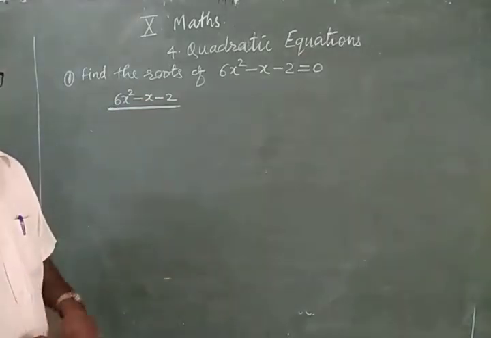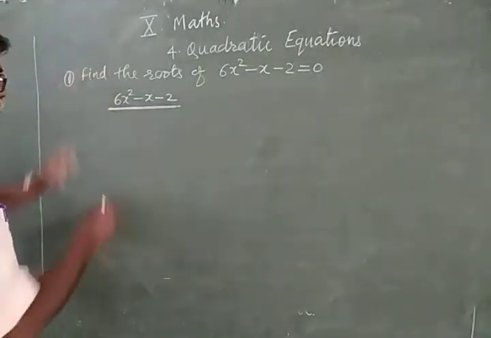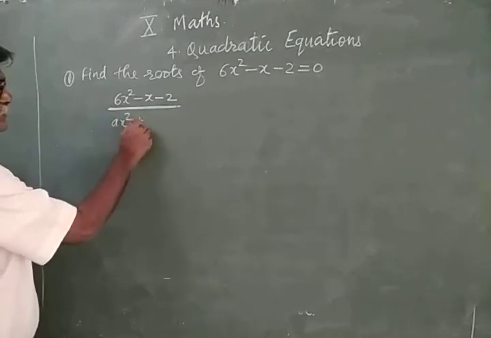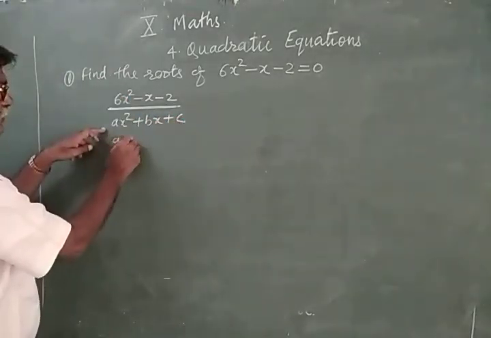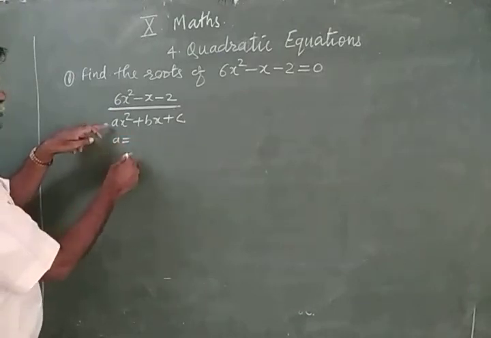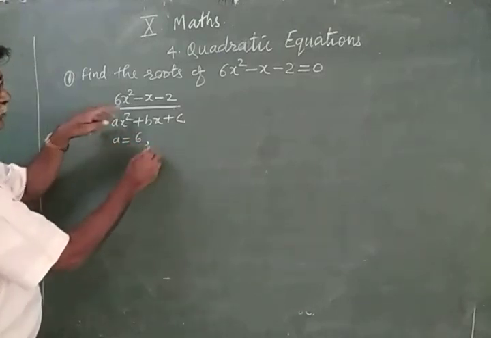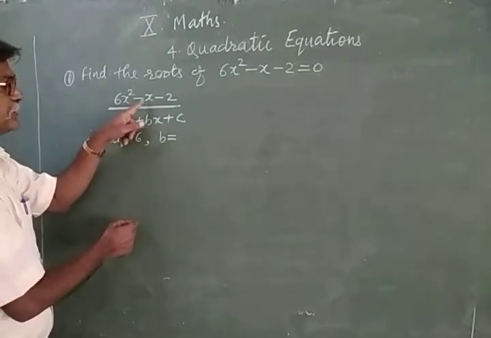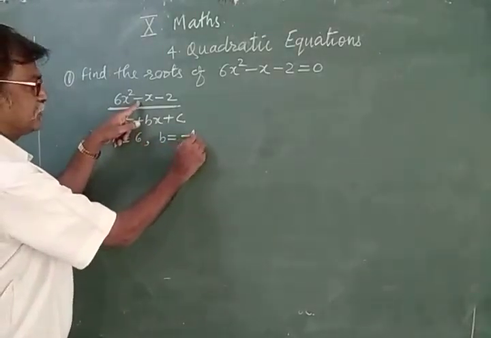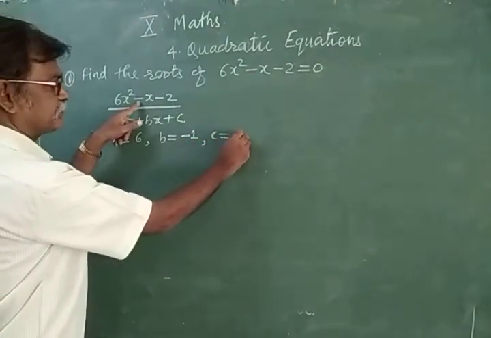For this, compare this with ax square plus bx plus c. Then write what are the values of a, b and c. So a is equal to 6, b is equal to the coefficient of x in the middle term, that is minus 1, and c is equal to minus 2.